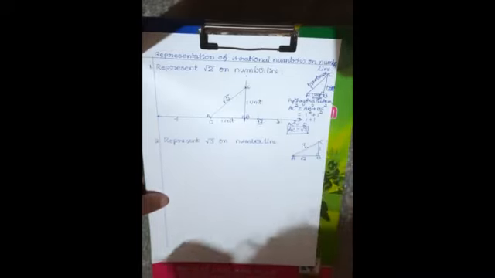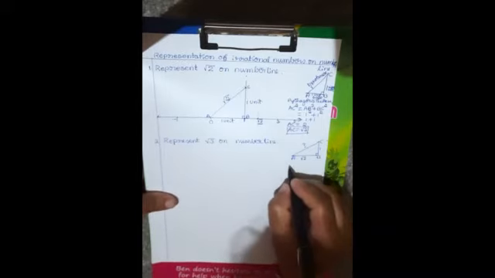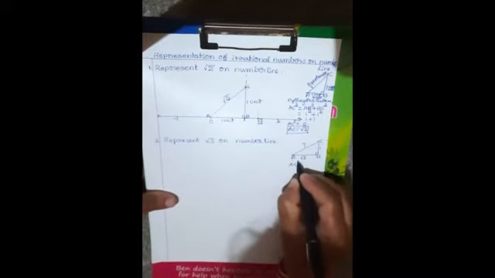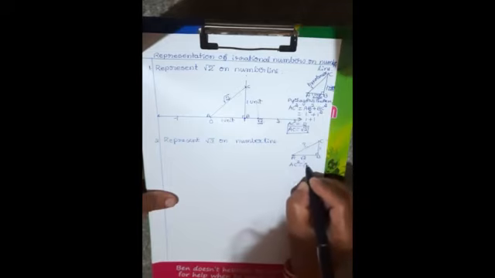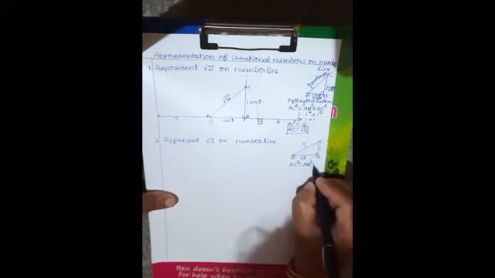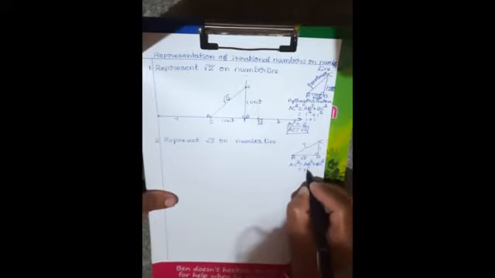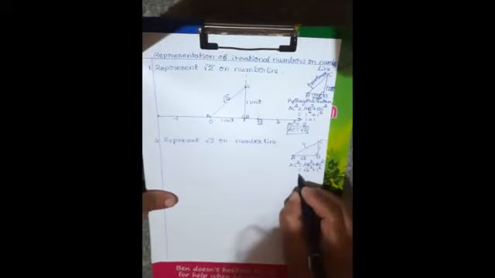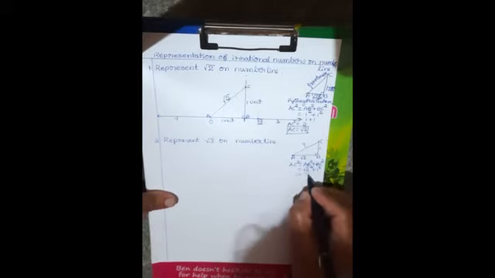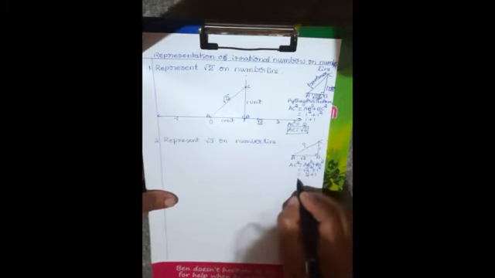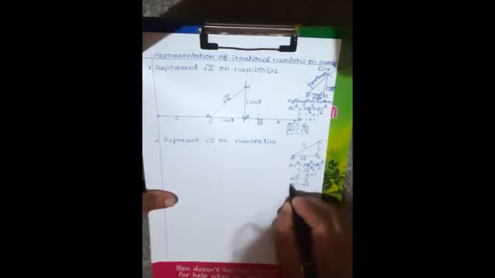And what about hypotenuse AC? According to the Pythagoras theorem, AC square is equal to AB square plus BC square. Substitute the value of AB, it is root 2, its square, plus BC as 1, so 1 square. The square root cancels, so 2 plus 1 is equal to 3. Therefore AC is equal to square root of 3.